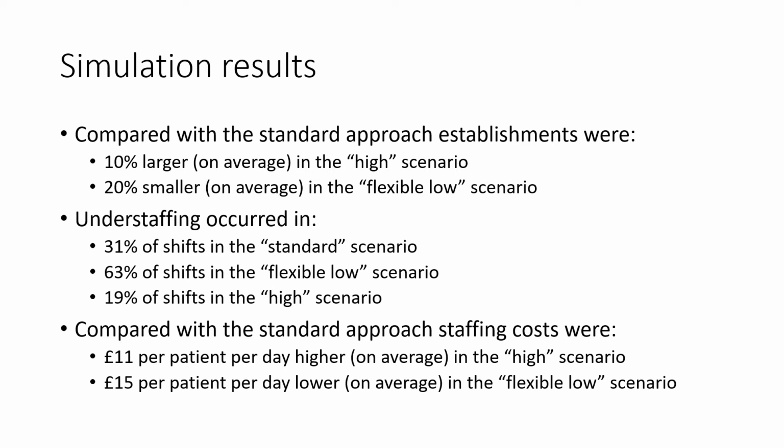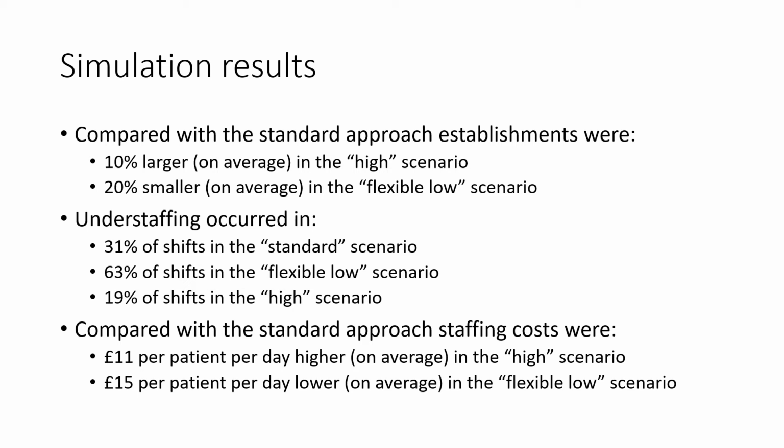This slide shows the simulation results, and the majority of the results here and in the economic analysis present the flexible low and high scenarios versus the standard, as the standard is the current standard approach against which you should be considering any alternatives. So compared with the standard approach to establishment setting, establishments were 10% larger in the high scenario and 20% smaller in the flexible or low scenario.